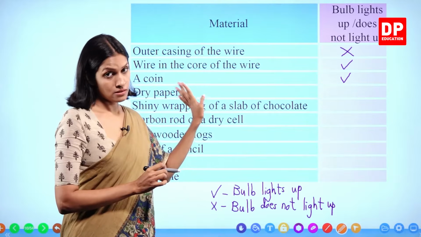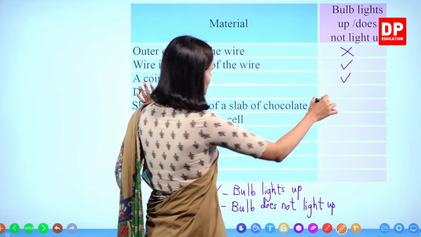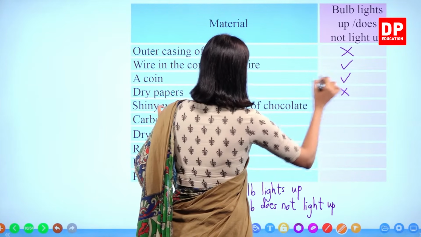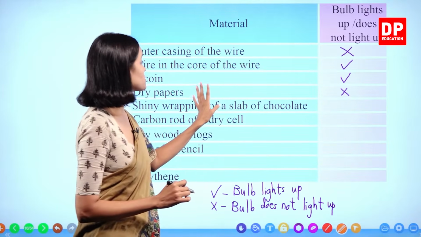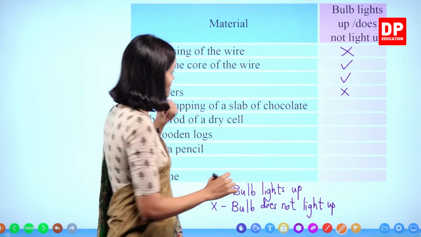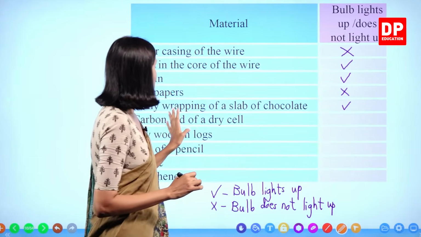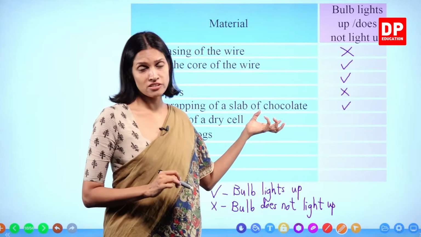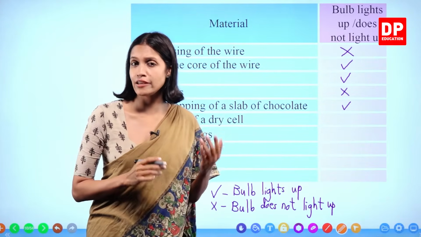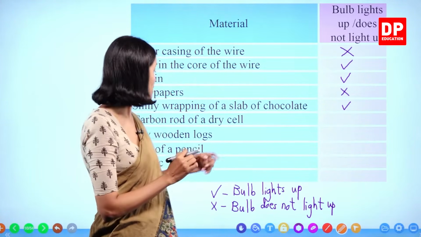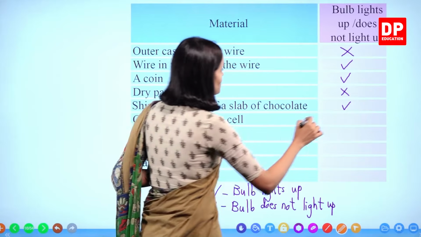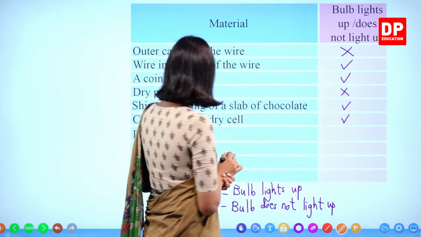Dry paper, bulb did not light up. And shiny wrapping of a slab of chocolate, the bulb lights up, right? Carbon rod of a dry cell, the dry cell has the carbon rod inside. I explained to you all how to take it out, right? So there the bulb lights up, right?